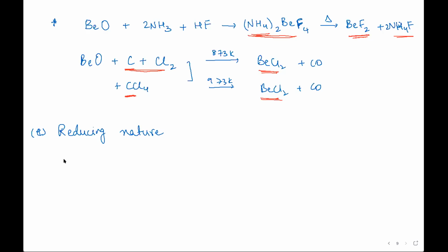Now, what is the trend of reducing nature? Let's take up group 1 and group 2 separately. Within group 1, what is the trend of reducing nature? It increases down the group, so going from Li to Cs, reducing nature should increase. Which is the best reducing agent out of all the group 1 elements?